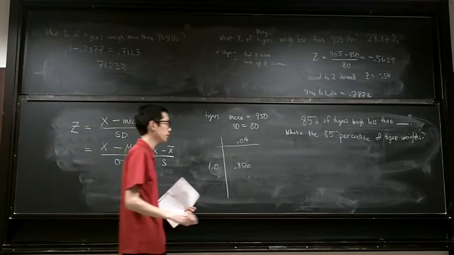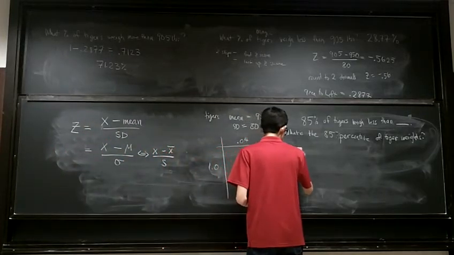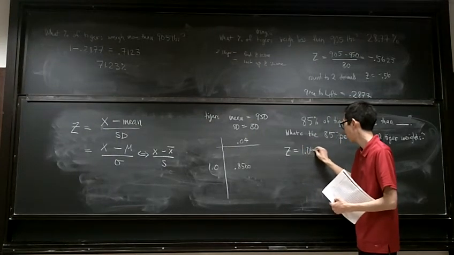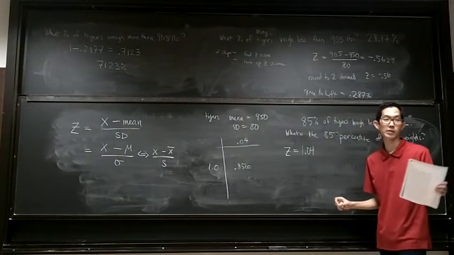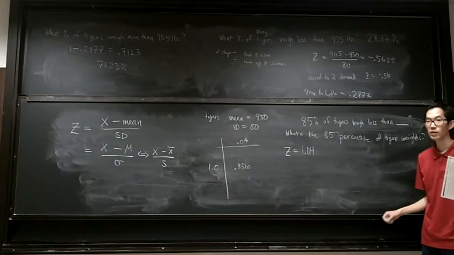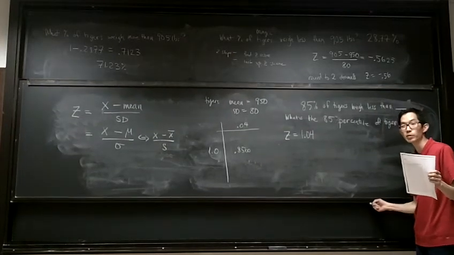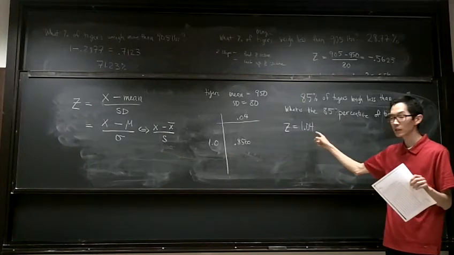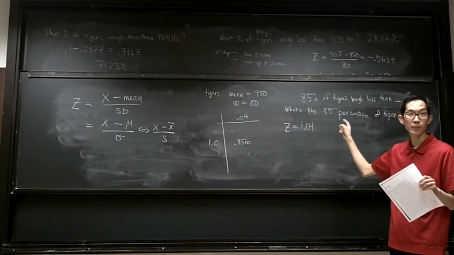Here my z-score is 1.04. We want the number that's closest, so I get z is equal to 1.04.